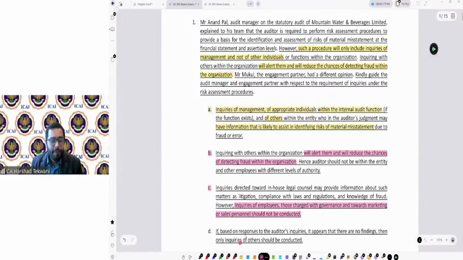And fourth, if based on the auditor's inquiries it appears that no findings are there, then only inquiries of others will be conducted. Again, incorrect. Clear? So the correct option is A, not B, C, D. Any doubt?